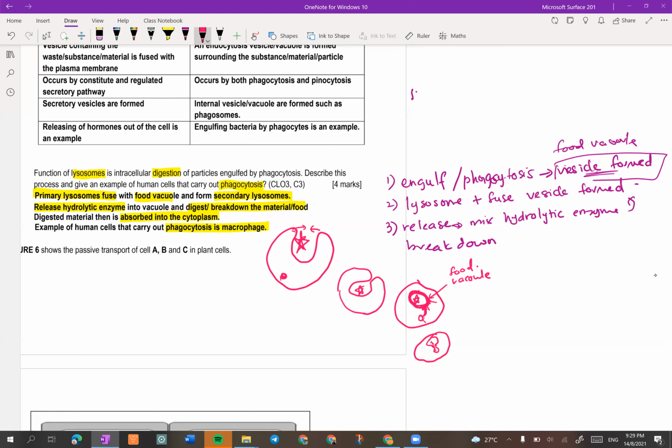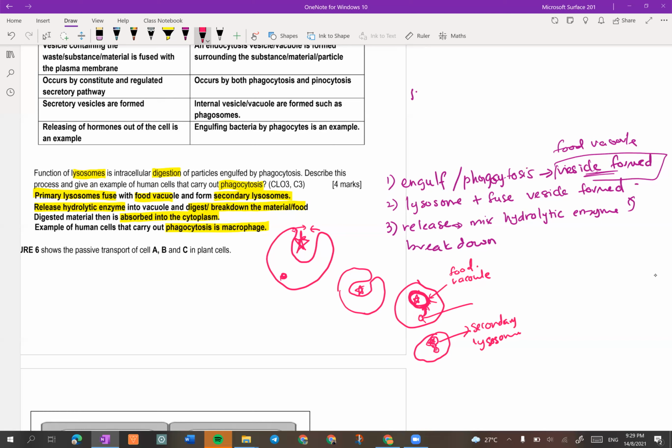So they fuse, and indirectly it will release the hydrolytic enzyme toward the star. Hence this thing, once it has mixed and fused, you call it a secondary lysosome.